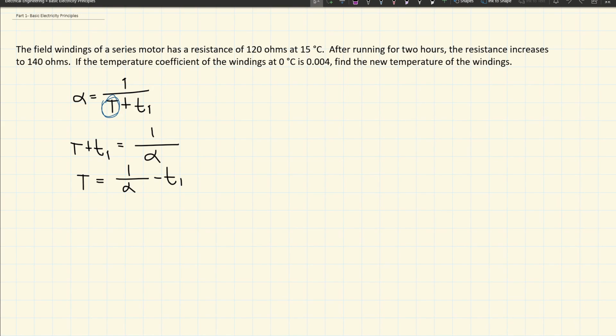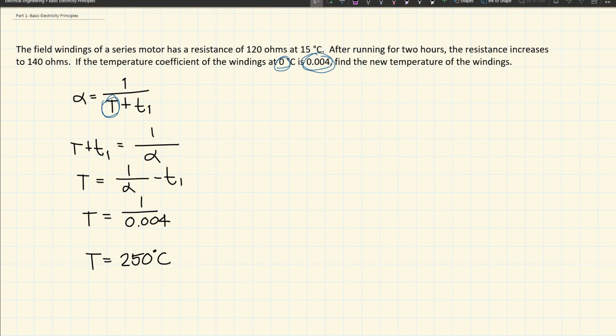Our T1 here is 0 and our temperature coefficient is 0.004. Let's substitute. T is equal to 1 over 0.004. Let's simplify. T is equal to 250 degrees C.